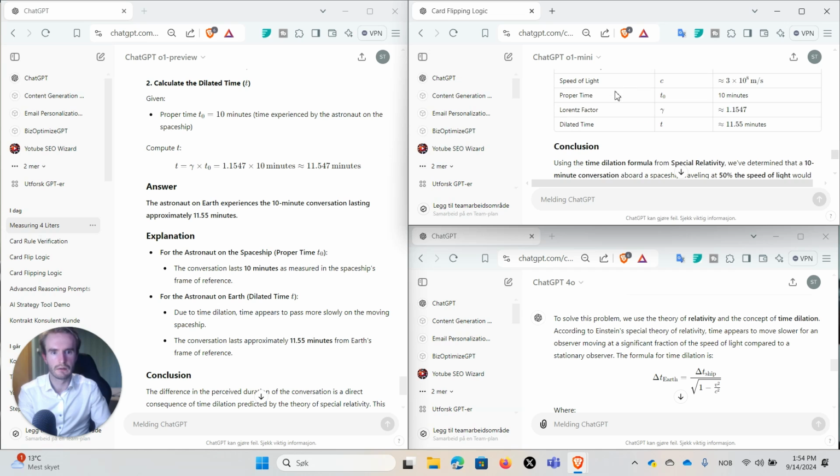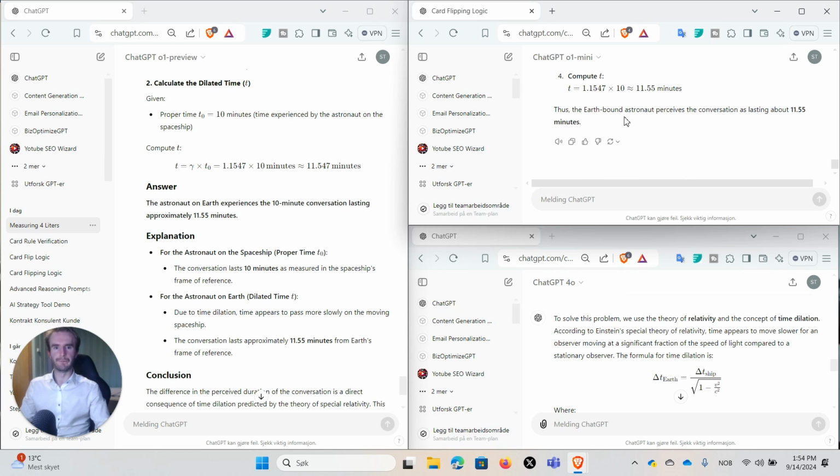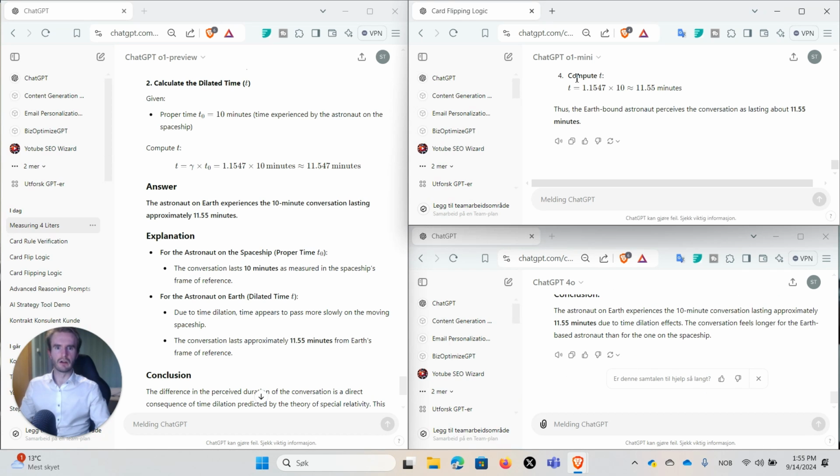And as in the previous case, it provides a table, much better visual, easier to understand in general. So also in this case, I would say the O1 Mini performs better.